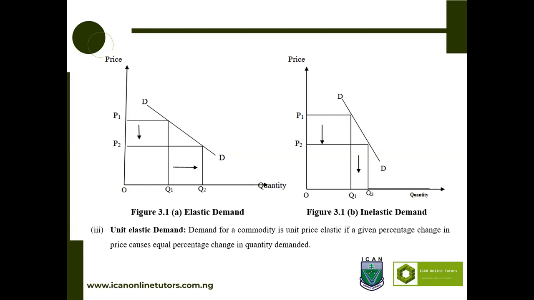This means that the price of a commodity remaining the same for a specific period of time will also cause an equal percentage change in quantity demanded. There won't be too much of an increase in price, whereas the quantity that will be demanded will not be having too much of what? Changes.